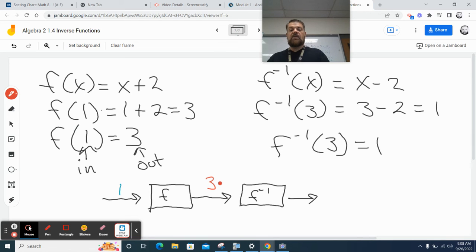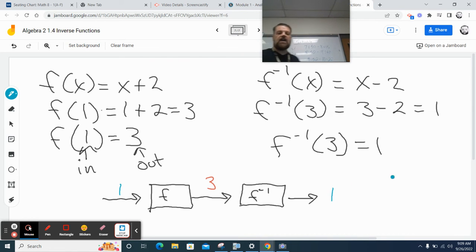But now my output becomes my input, and I get 1 as the output. So I have a function that's like a machine that takes 1, puts it in, and I get 3. Now I've created another machine that basically just undoes that and gives me back the original. Does that make sense? Okay. Now this is the whole reason why we identify these equations as functions, because you can only do this with functions. You can only create an inverse function of a function.